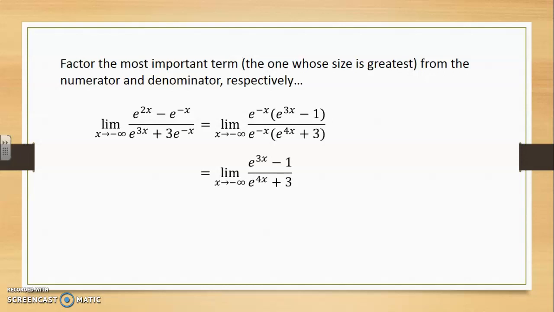E to the minus infinity is the form that e to the 3x and e to the 4x will take on as we do direct substitution. Remember that e to the minus infinity goes to 0. So minus 1 and 3 are the lone constants that remain after direct substitution.